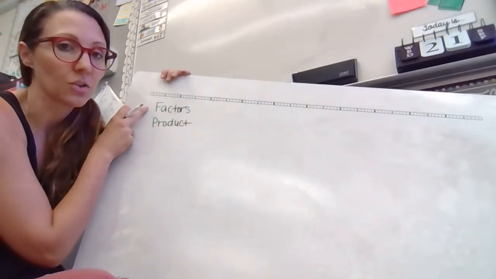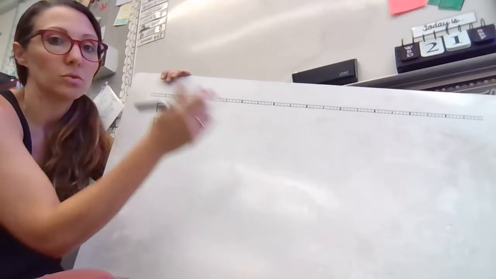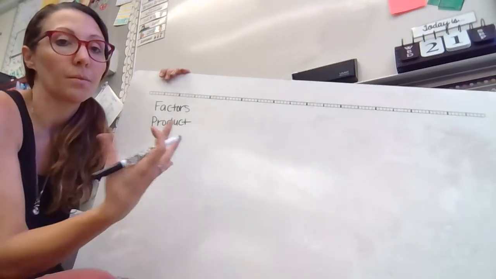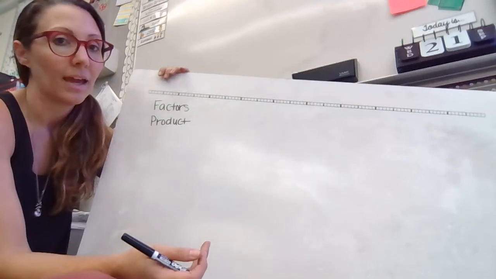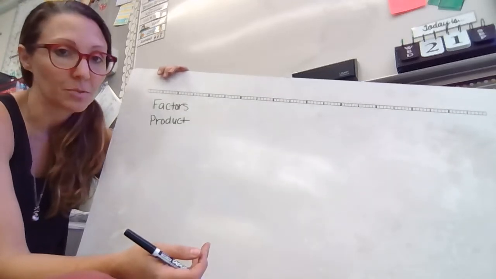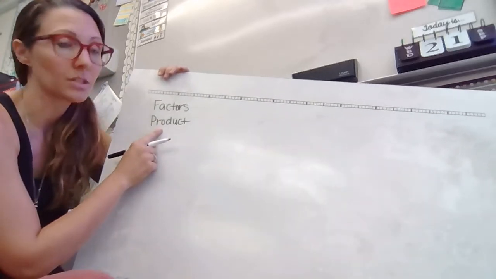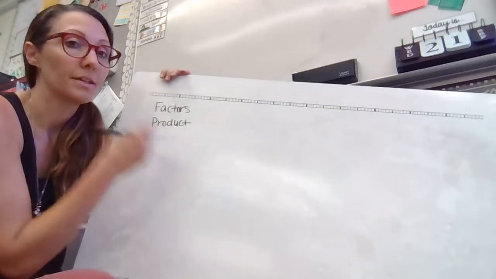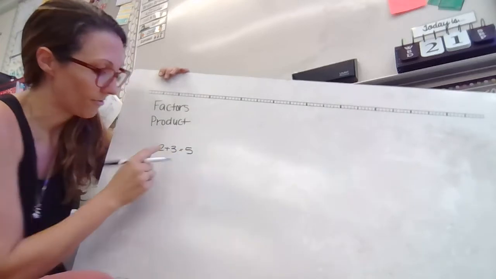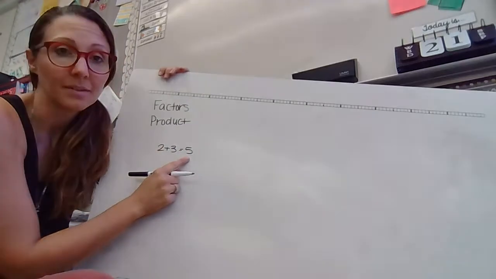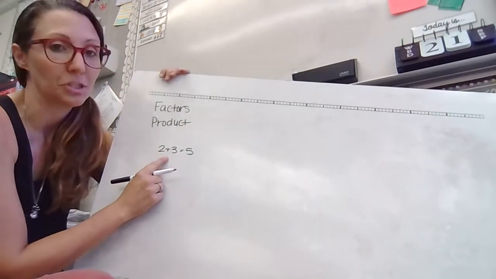And so, factors are two or more numbers that you are going to multiply together to get the answer to a multiplication problem. And the answer to the multiplication problem is called the product. So just like when we're talking about the sum, if I was to say 2 plus 3 equals 5, this is the sum because it's the answer to an addition problem.